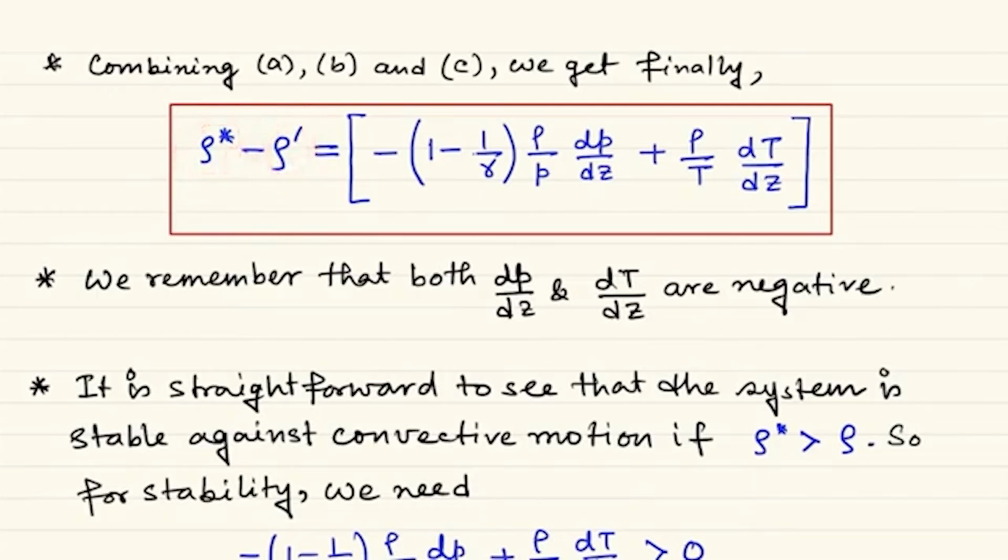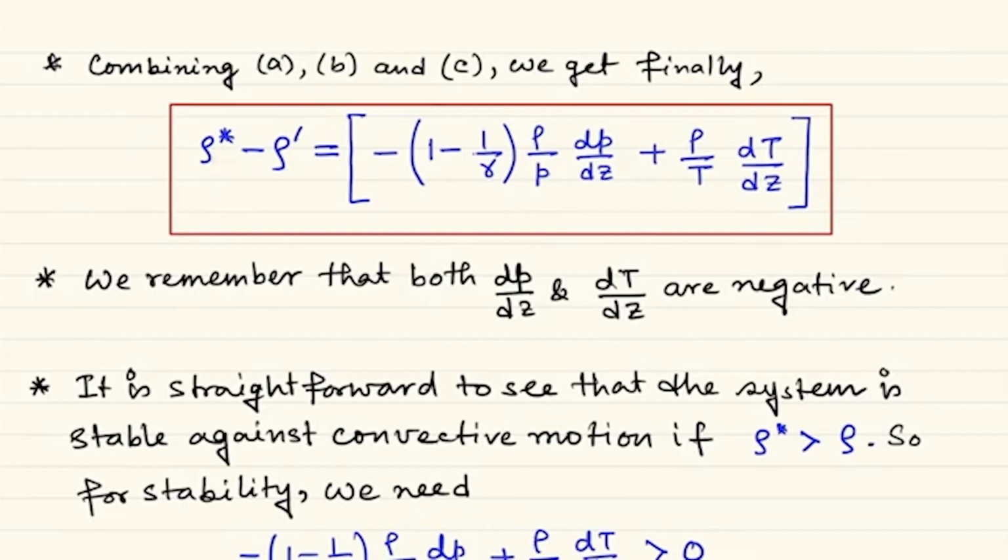It makes sense. At this point we can think of stability only when the density of the blob is larger than the density of the surroundings. That means the surroundings will consider the blob heavier than their layer, and that is why the blob will try to come back downward.